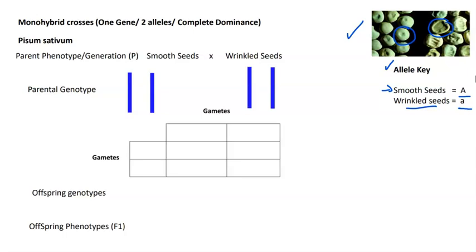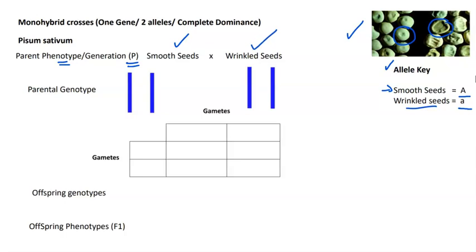We start with the parental generation, which is designated P, and we write down their phenotype first. So we're going to cross a smooth seeded parent with a wrinkled seed parent.